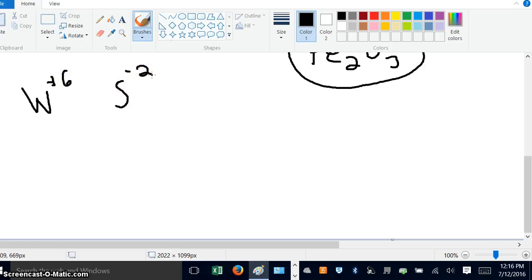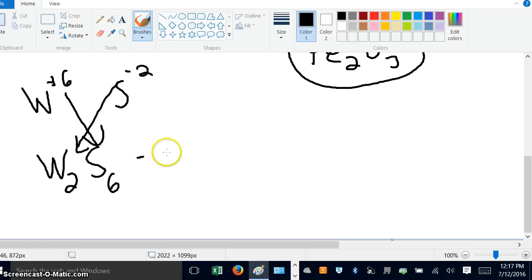And so here we go. This is going to be tungsten sulfide. So it's W. We're using the crossover technique, and it's going to be a subscript 2, because we're using the crossover, and then S, and then the subscript 6.